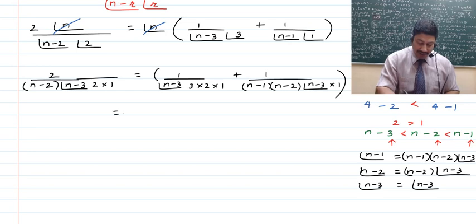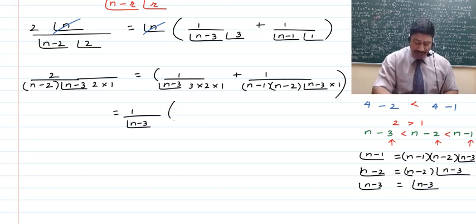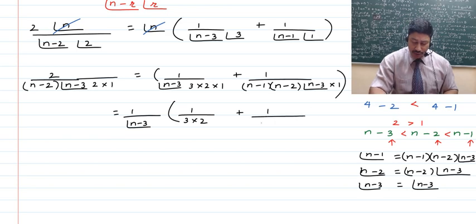Now we will solve the right hand side further. The right hand side can be seen as 1 upon factorial of n minus 3, which can be taken common, and then inside we are left with 1 upon 3 into 2. And for the second term, we are left with 1 upon n minus 1 times n minus 2, as factorial of n minus 3 has already been taken outside.